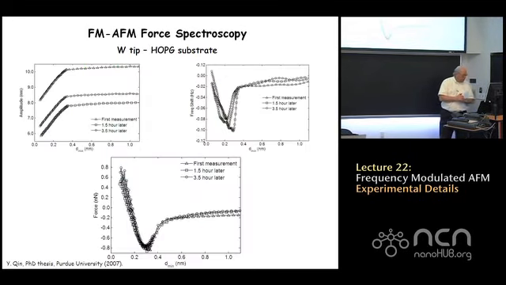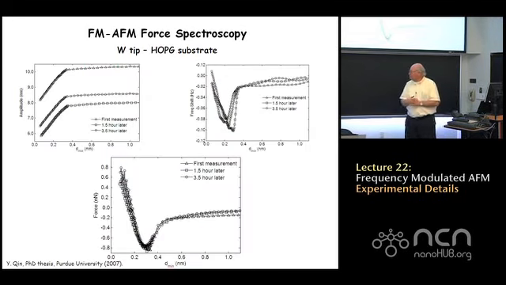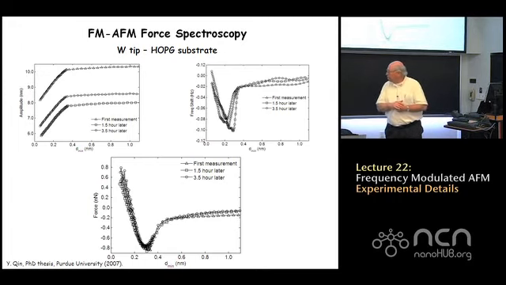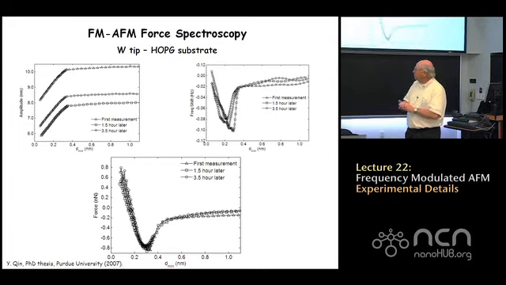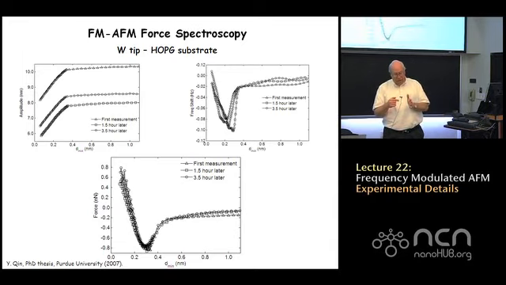So, just to end the talk, I'll show you some data that we acquired here at Purdue maybe 4 or 5 years ago now. This is the result of attaching a sharp tungsten tip to the tine of one of these 32 kilohertz tuning forks and implementing this force spectroscopy mode of operation.